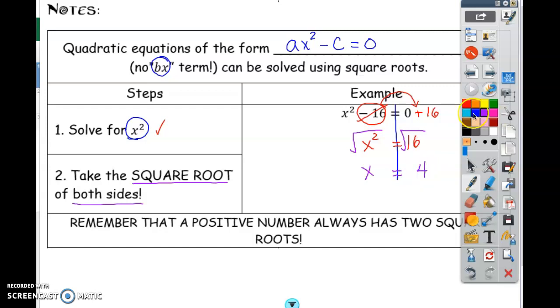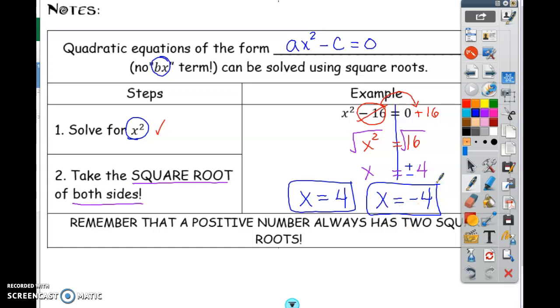But, watch this, it's going to be a plus or a minus 4. That symbol means plus or minus. Okay? Read this. Remember that positive numbers always have two square roots. So my answer is going to be x equals +4 and x equals -4.